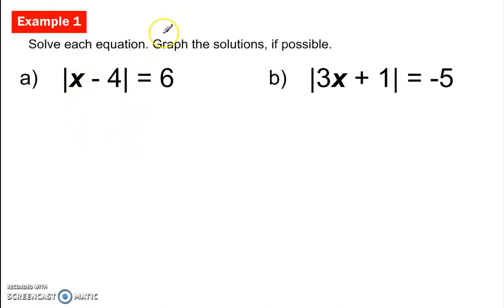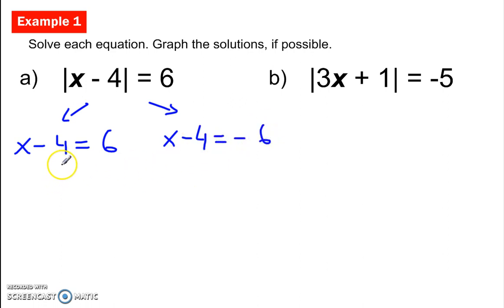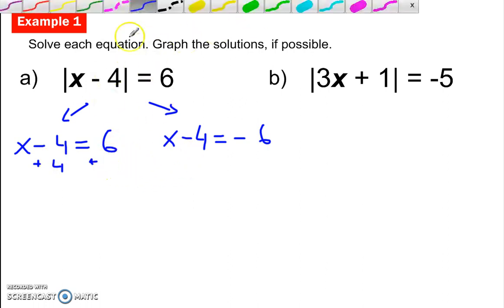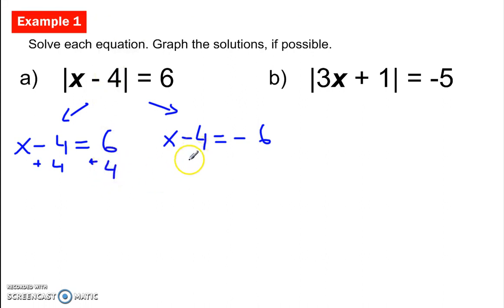All right, let's solve a couple of these and graph the solutions if possible. Okay, so we're going to have to solve two cases. x minus 4 is positive 6, and the other case is x minus 4 is negative 6. We're going to add 4, because the inverse of a negative is a positive, the opposite.